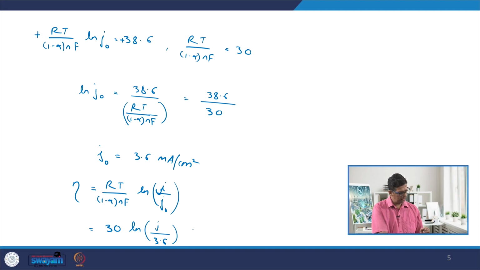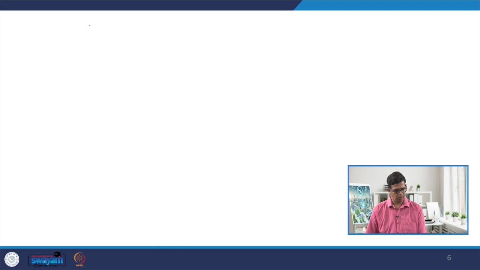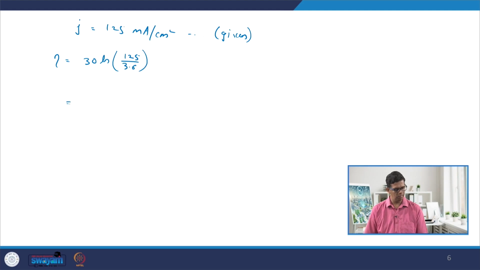Now, operating current density is given as 125 milliamps per centimeter square. So, let us put that up. That is 30 ln 125 by 3.6. Once we do this, we get eta activation, which is somewhere around 106 millivolt.